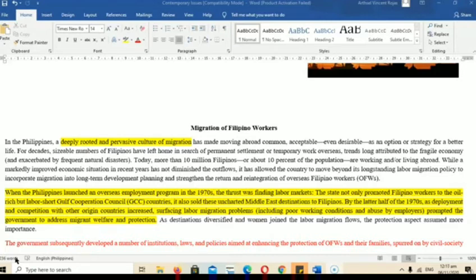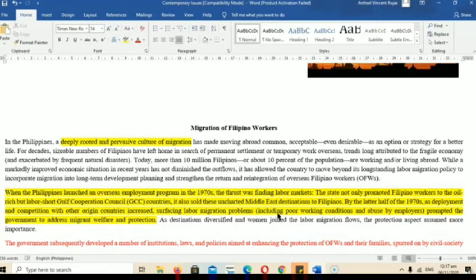Now, aside from having the advantages or the benefits from having a better life living or working abroad, there are also negative impacts brought by migration, because there are poor working conditions.